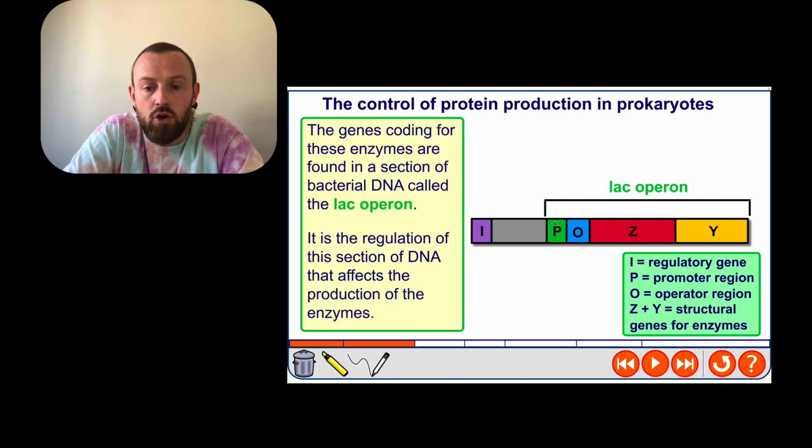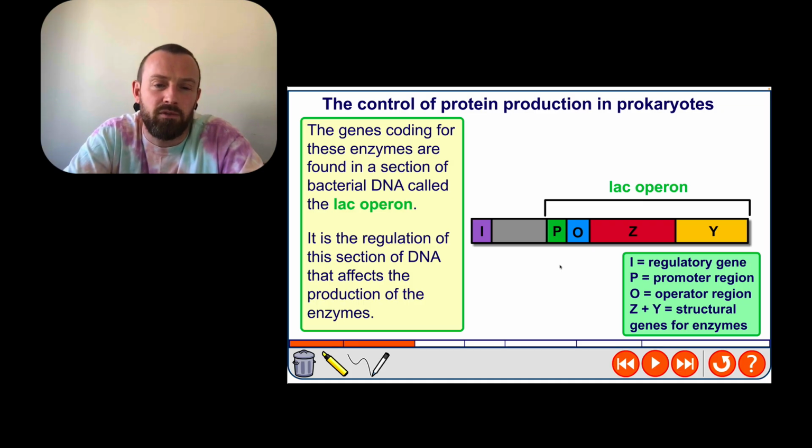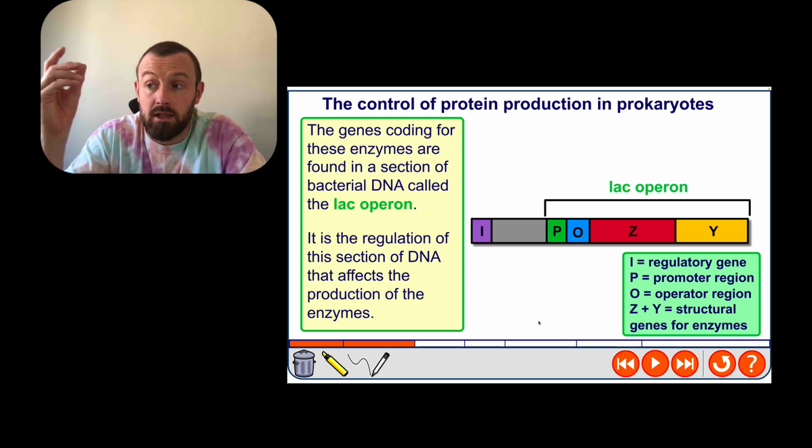These P and O regions don't code for proteins. They're involved in the switching on and off of the operon. Then we have Z and Y, which are called structural genes, because those are the genes that actually will get turned into proteins, the lactose permease and the beta-galactosidase enzymes.